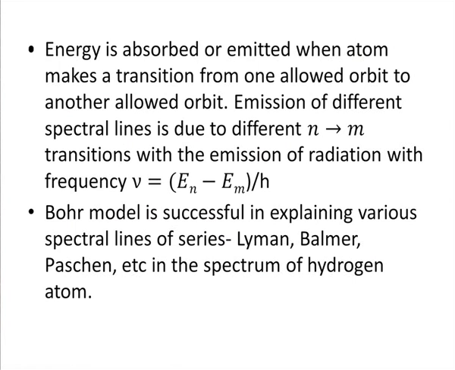Now, energy is absorbed or emitted when the atom makes a transition from one allowed orbit to another allowed orbit. Emission of different spectral lines is due to different n to m transitions with the emission of radiation with the frequency ν = (E_n - E_m)/h. Now, the Bohr model was successful in explaining various spectral lines of the series Lyman, Balmer, Paschen, etc. in the spectrum of the hydrogen atom.